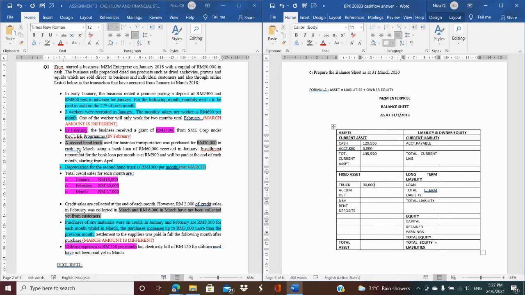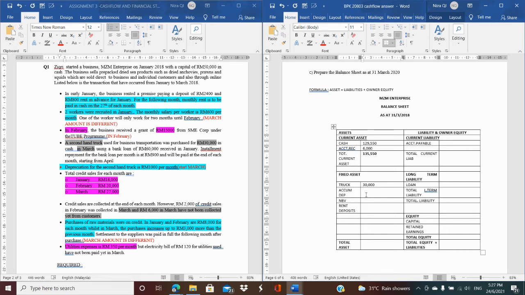Because it was acquired in March, there will be depreciation for this truck. What is the rate of depreciation? The depreciation rate is 1,000 per month. Here we're going to use the accumulated amount, but because this is the first month, there will be only 1,000.